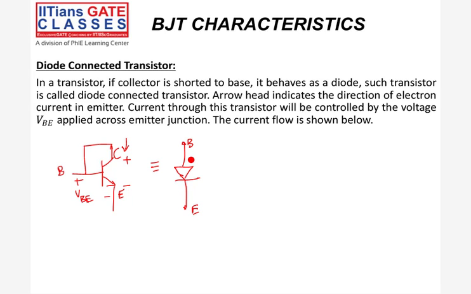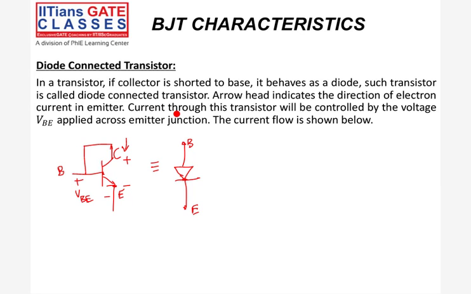But here we can see the arrowhead indicates the direction of electron current in the emitter, meaning electrons are moving from this terminal to here, but current is flowing opposite to that.